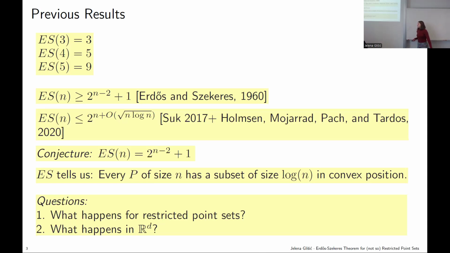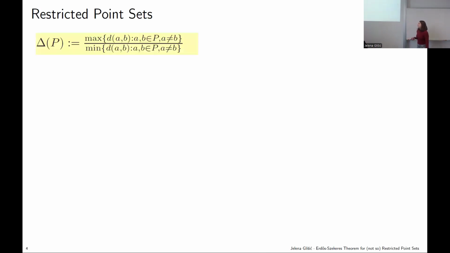Okay, so let's see how I'm restricting the point sets. I want to define some sort of measure of restriction, and I will call this measure the diameter of my point set. It will be the ratio of the maximum and minimum distance between 2 different points in my point set.